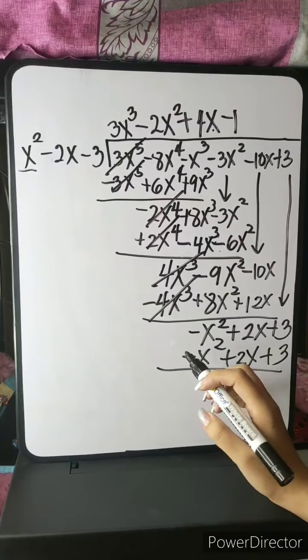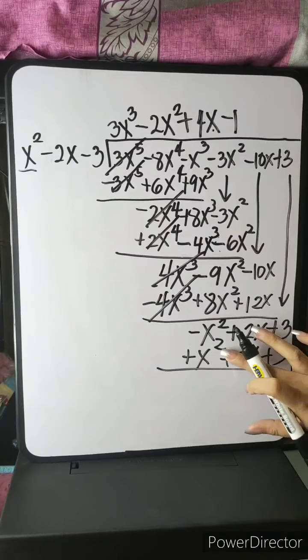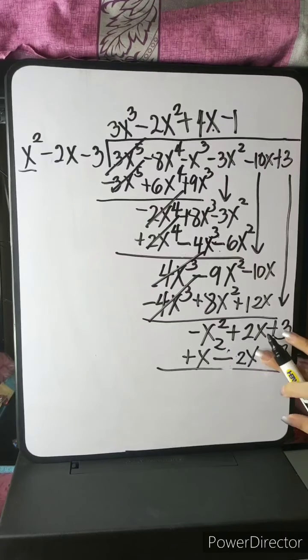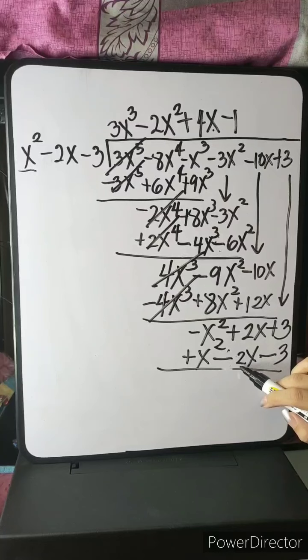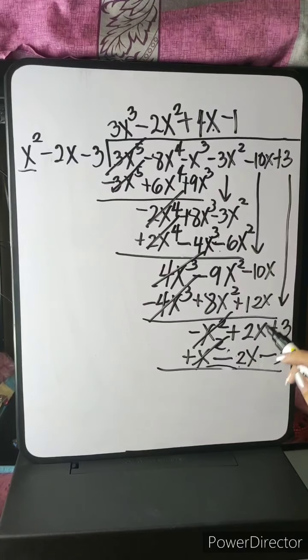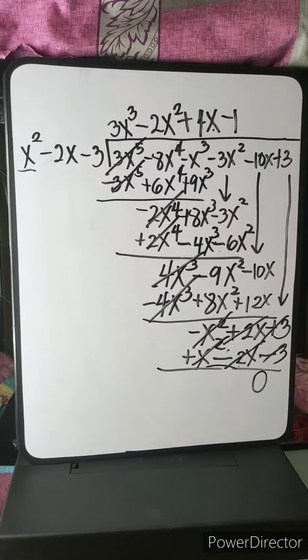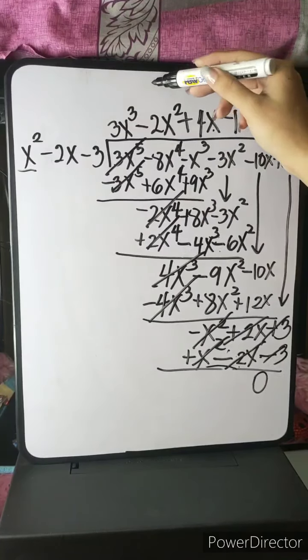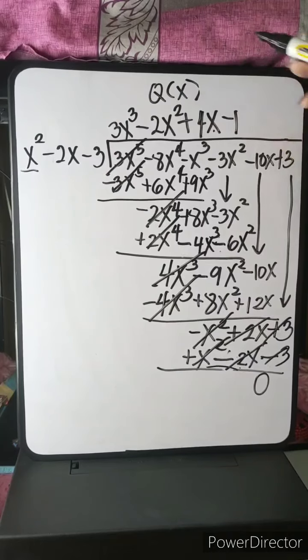And then let's change the subtrahend. Magiging positive to, magiging negative to, magiging negative to. And as you can see, ito po unlike sign, tapos pareho sila. So this is 0. And since we don't have remainder, ang quotient natin ay ito lang po. This is our Q of x. That is how you will divide polynomials. This is a long method.